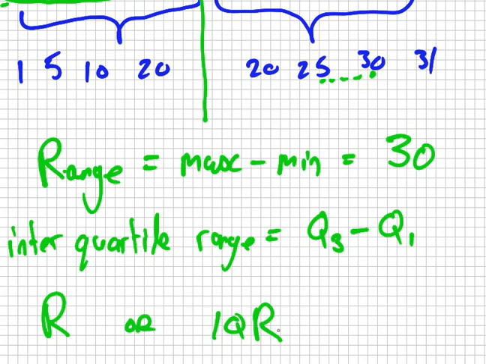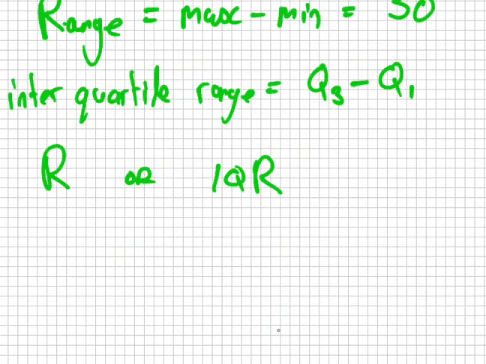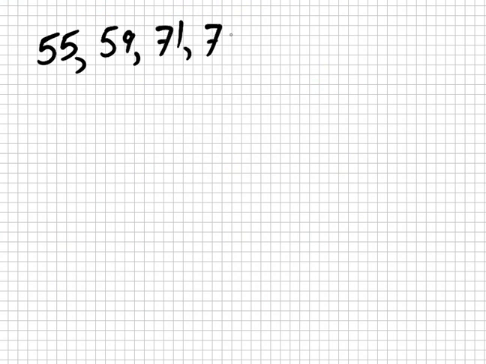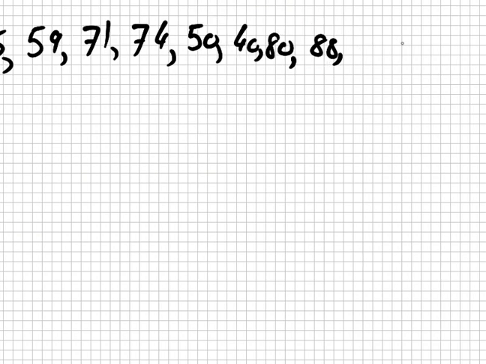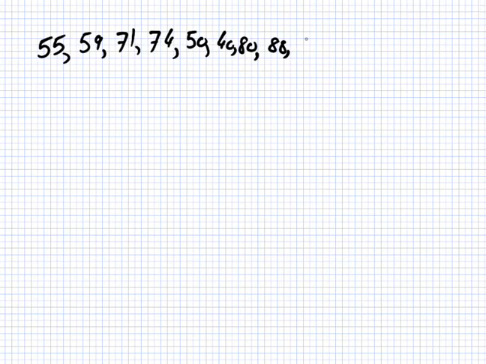So let's have a look at an example. These questions here would be like section A questions. So we have 55, 59, 71, 74, 50, 40, 80, 88, 20, 60, and 7.